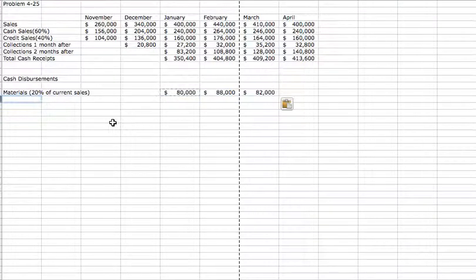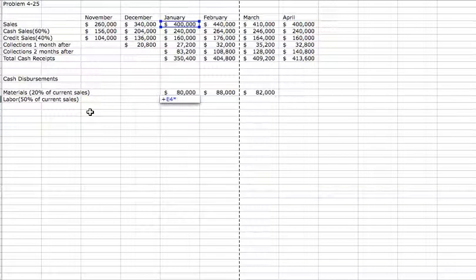Labor, the problem says labor expense is 50% of sales and is paid for in the month of sales. So that's really calculated. Labor, 50% of current sales. Sales times 0.5.